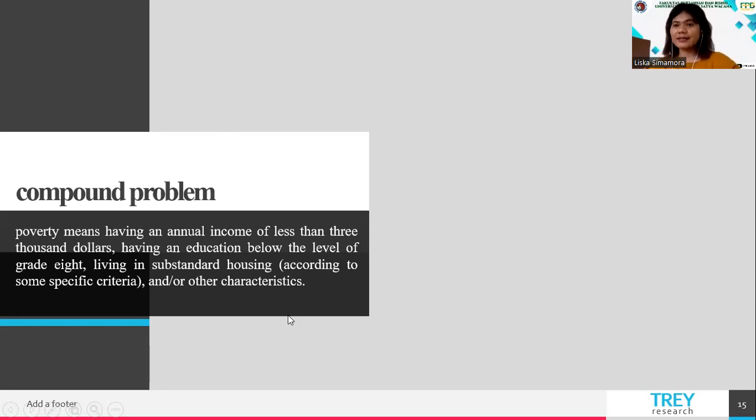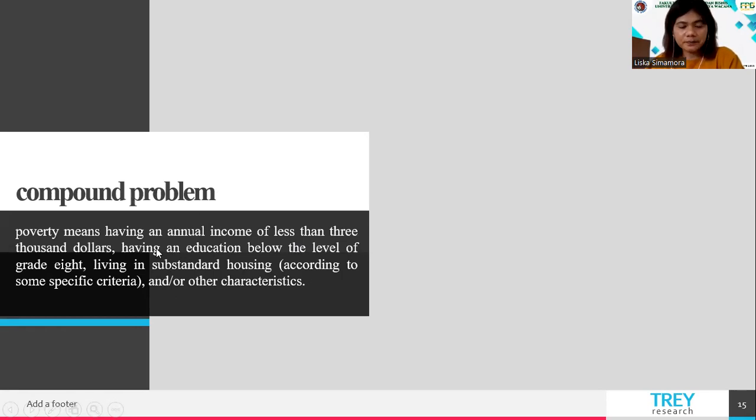It means that the number of variables is not specified here. Poverty can be driven by other characteristics, maybe another two or another three variables. They just say and/or other characteristics, but in compound problem, those variables are calculable.